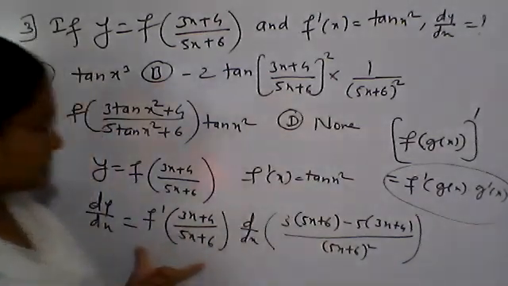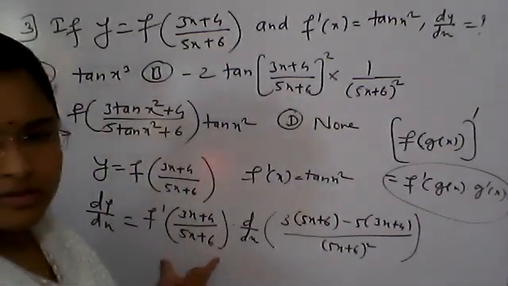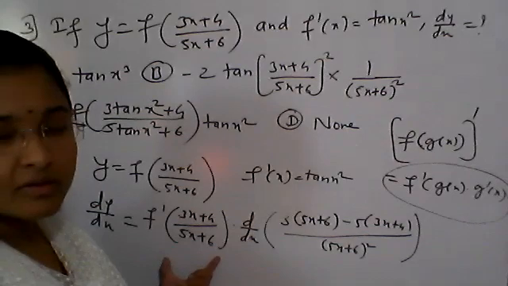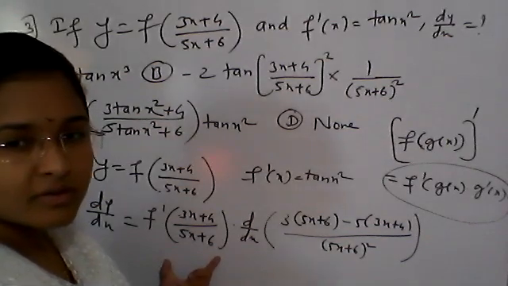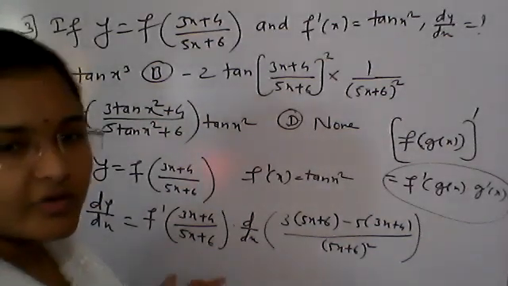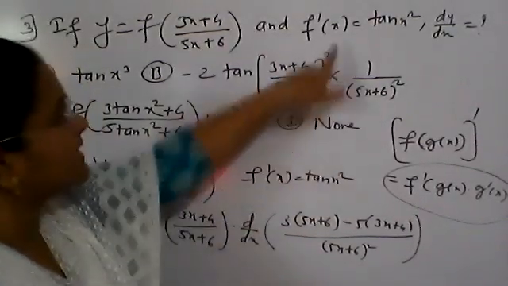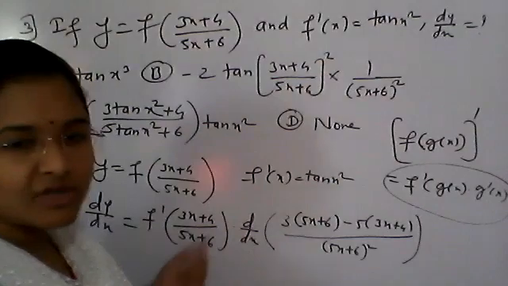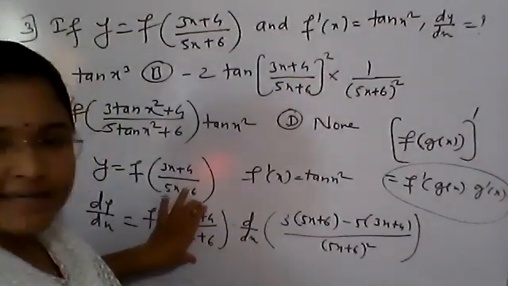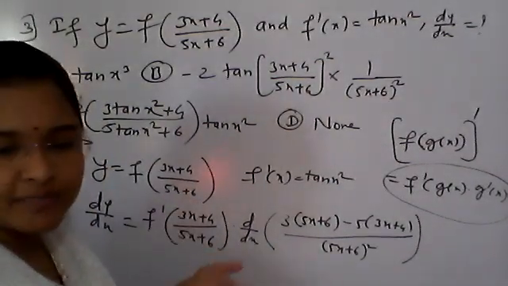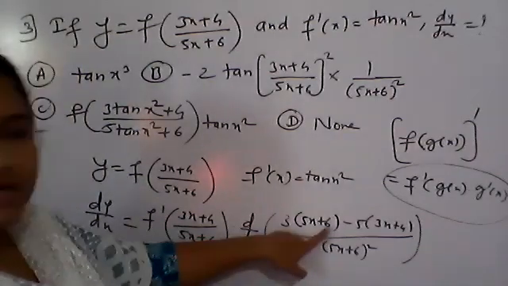Ma'am, in the beginning I guessed it would be B, because 1 upon (5x plus 6) is in only one option. Okay, it was correct. But here now what we have to do: f dash x is given as tan x square. Now f dash of this expression will be tan of this bracket square, and the numerator will be minus 2.